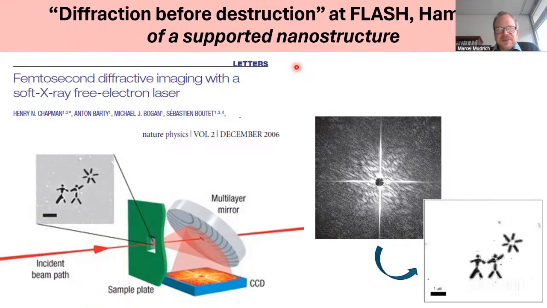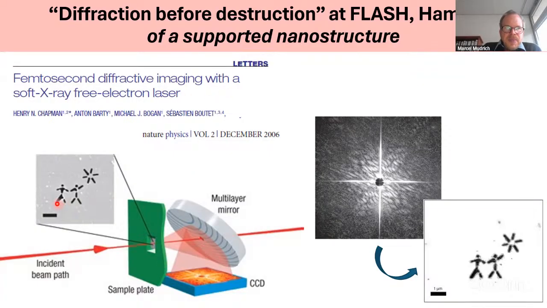This was the FLASH laser in Hamburg. Not hard X-ray, but only soft X-ray. So the resolution for soft X-ray obviously is much lower, because the wavelength is longer than for LCLS hard X-ray pulses.